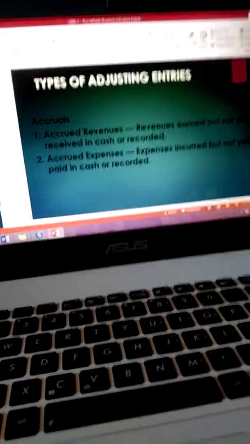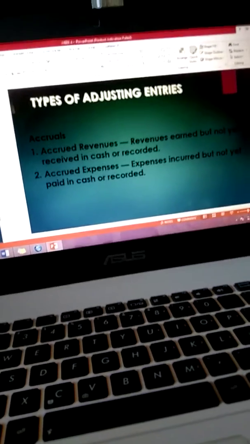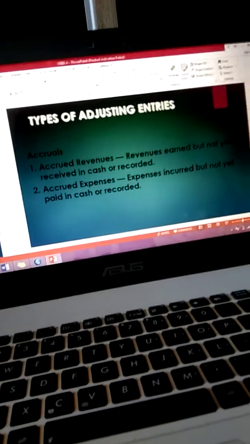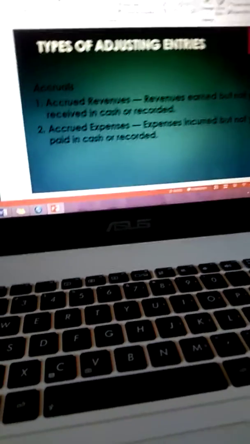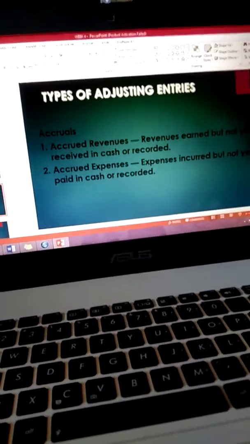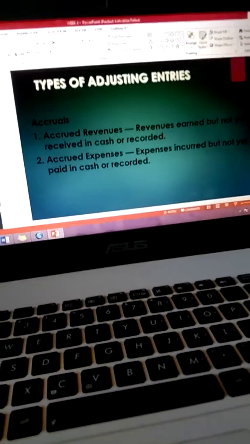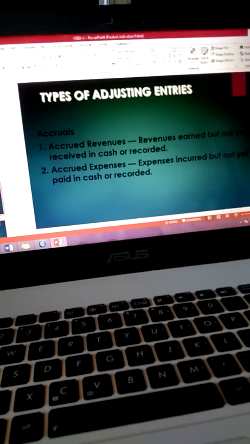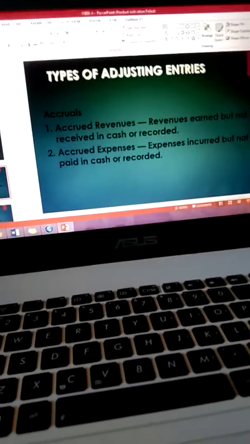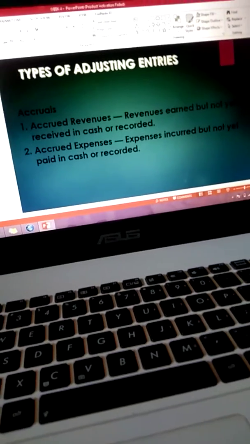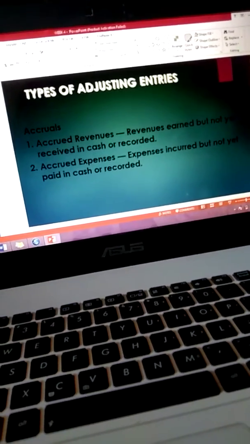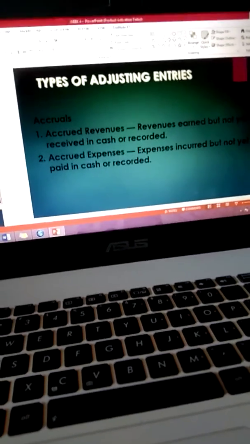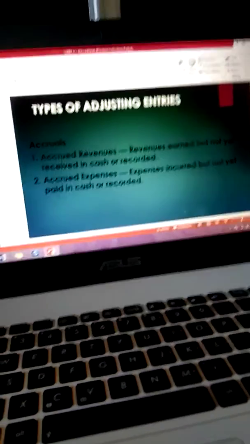An example of accrued revenue is accounts receivable. It means you have already performed the service or delivered the product to the customer but the customer hasn't paid you yet. So we call it accrued revenue. Accounts receivable, rent receivable, interest receivable are examples of accrued revenue. Please record the examples that I just said because they are not in your slide.